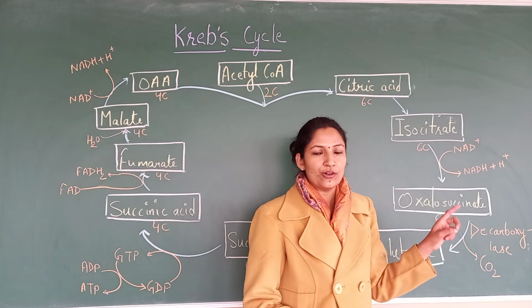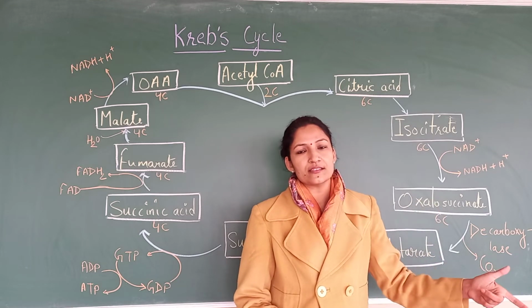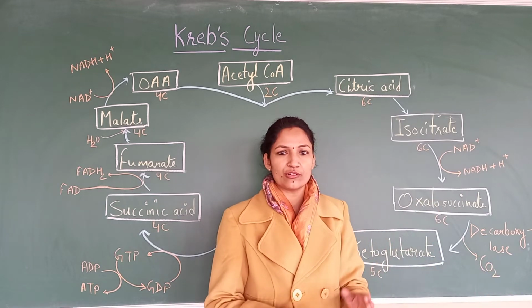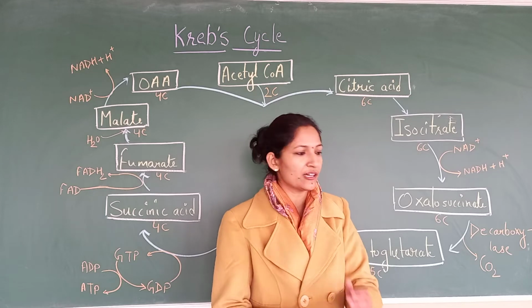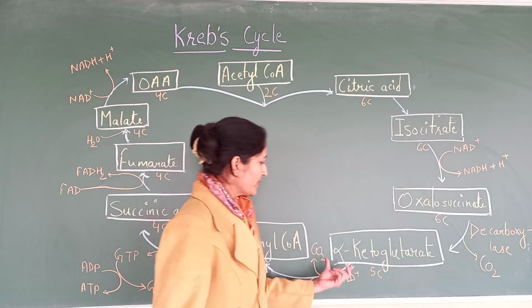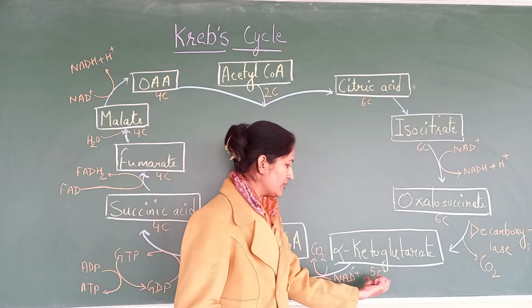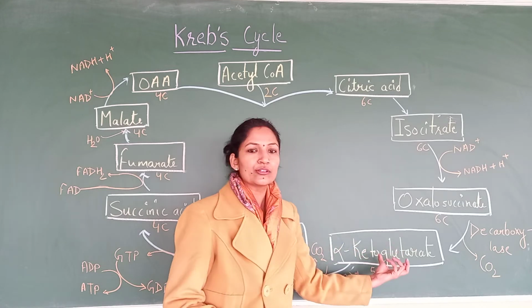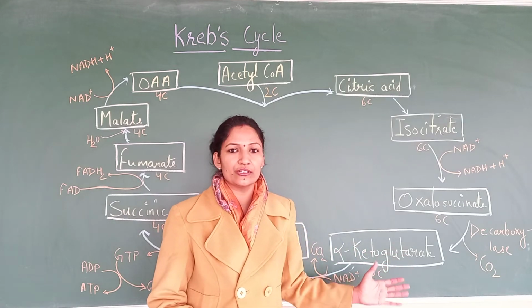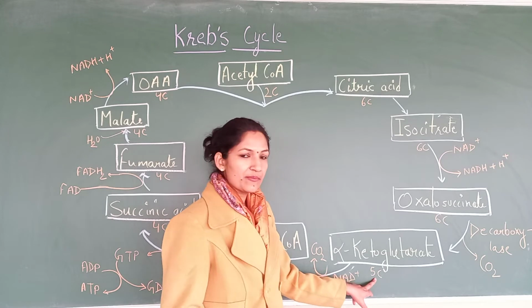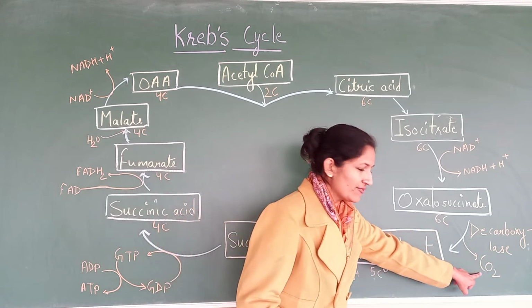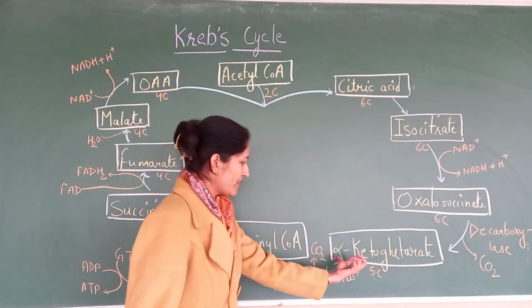As it is oxidation and decarboxylation, we call it oxidative decarboxylation, to form a 5 carbon containing molecule, alpha ketoglutarate or alpha ketoglutaric acid. This is 5 carbon because 1 carbon we have already removed.